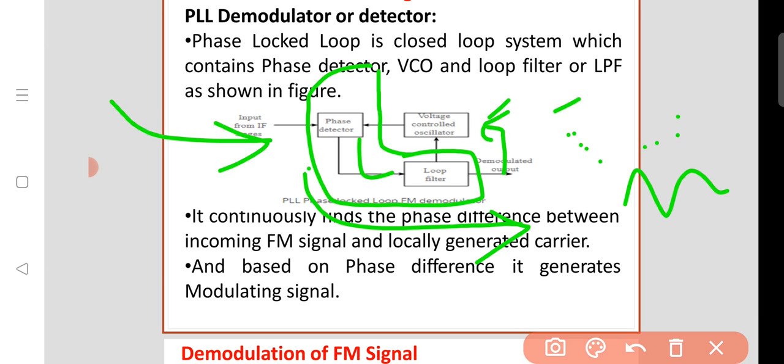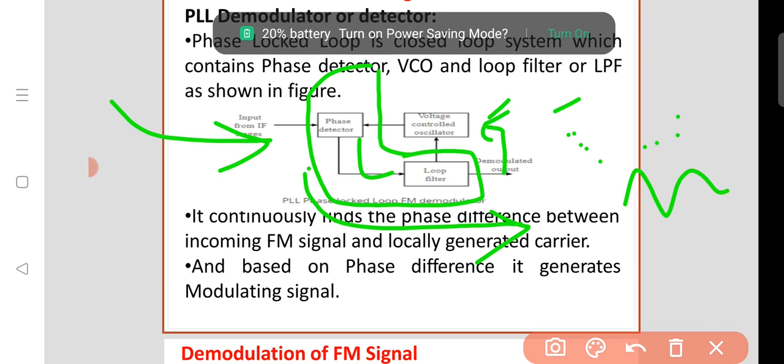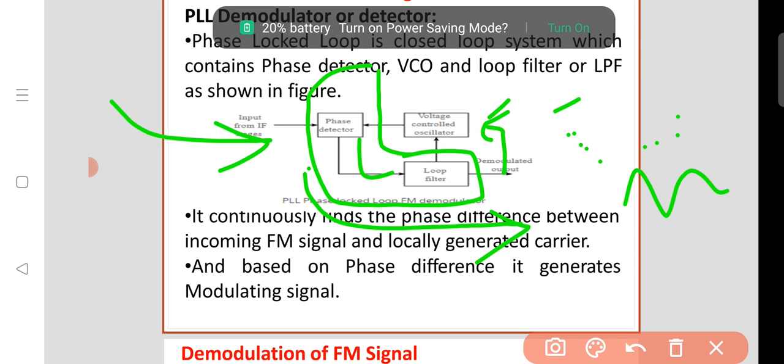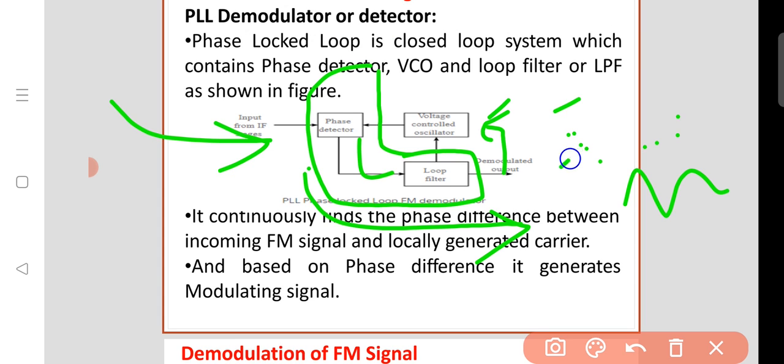Then the low pass filter selects only the difference components and rejects some components of that multiplier, meaning the higher frequencies. That's why it only detects the difference, the difference between the phase of the input and the phase of the VCO.